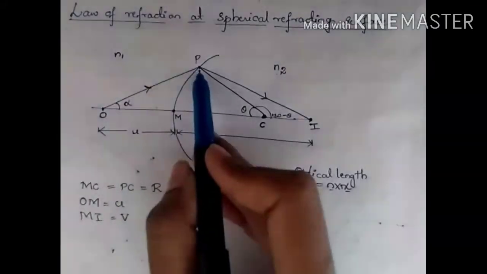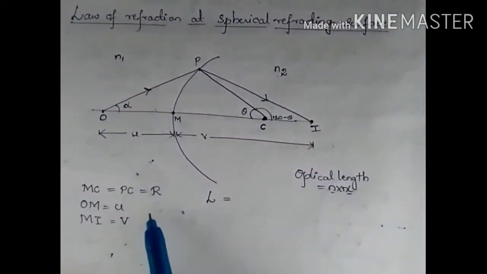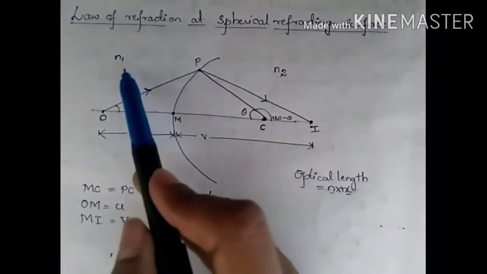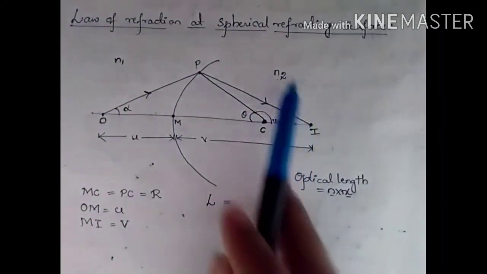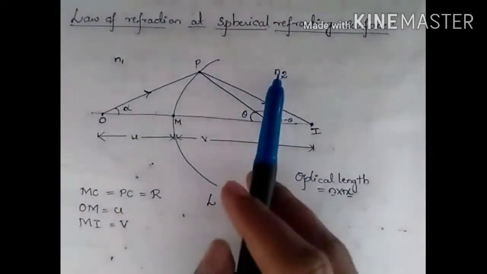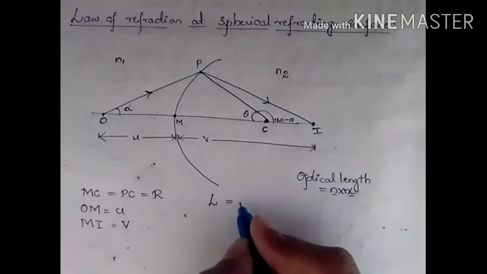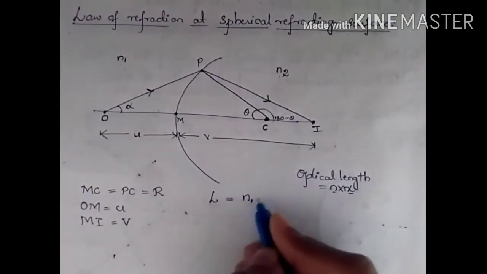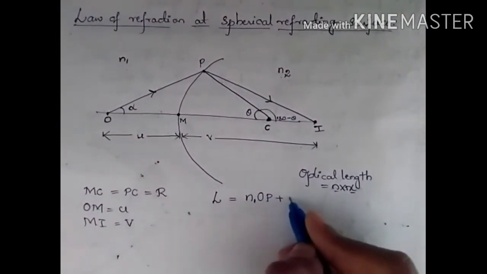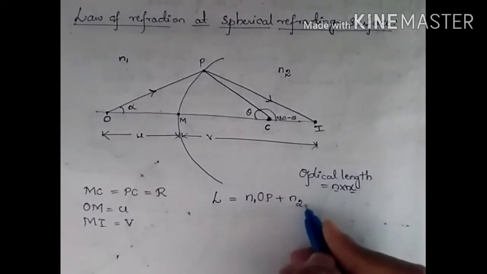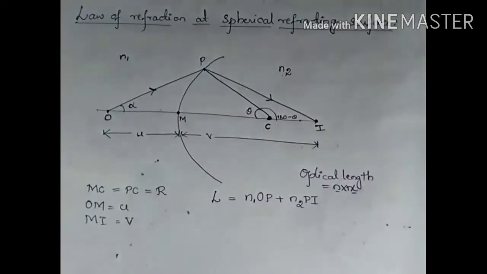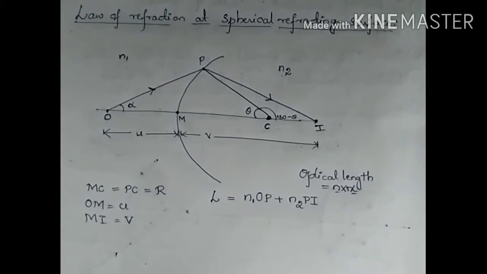So OP is in refractive index N1 and PI is in refractive index medium N2. So now L will be N1 OP plus N2 PI. So this is the optical length.